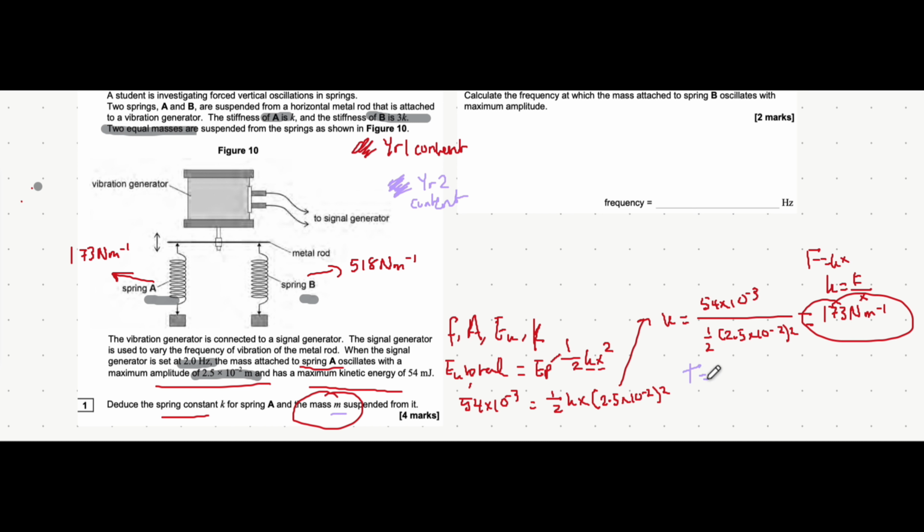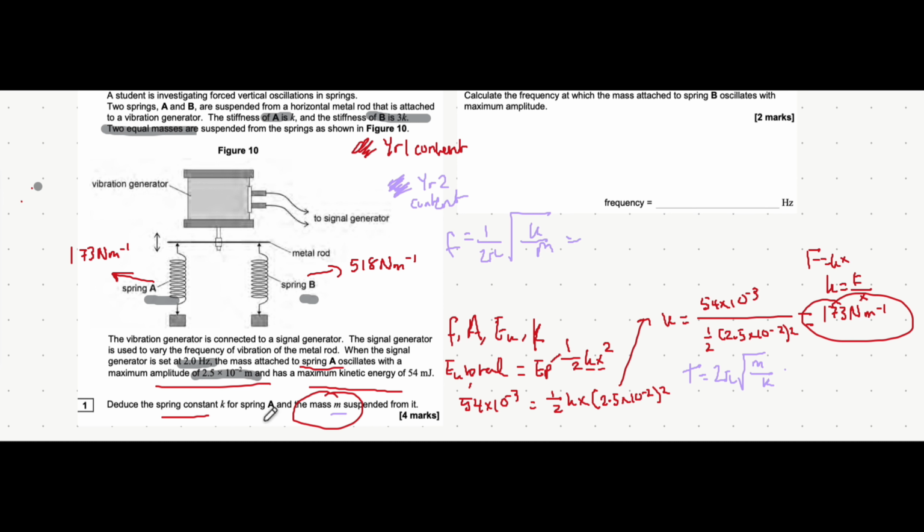The equation given for a mass on a spring system is 2 pi root m over k. In which case, because we know the frequency is 1 over the time period, I'm going to do the rest of the working out here. The frequency is the reciprocal of everything here. So it's 1 over 2 pi multiplied by root k over m.